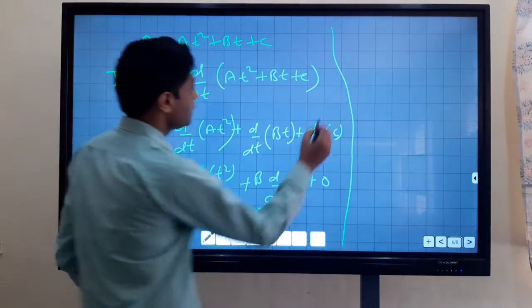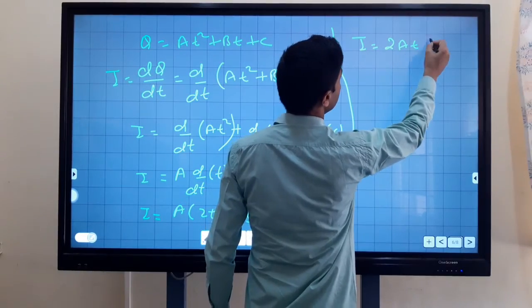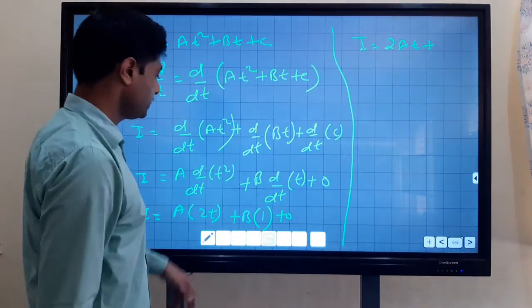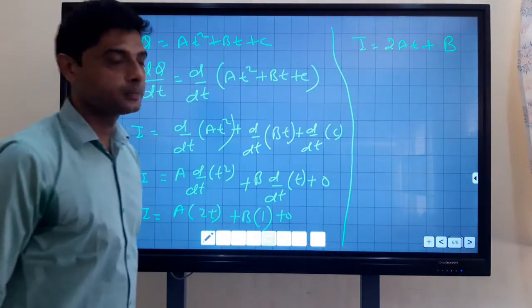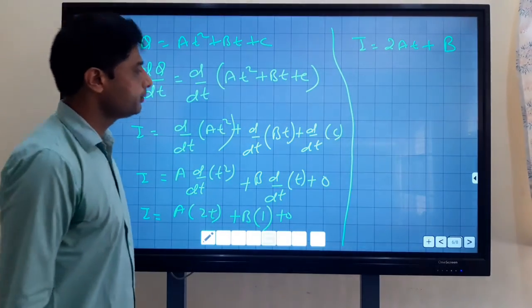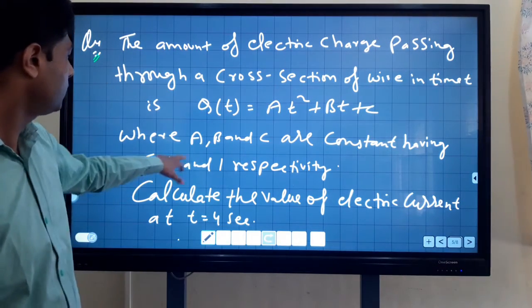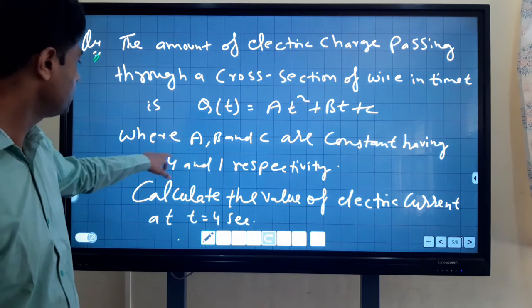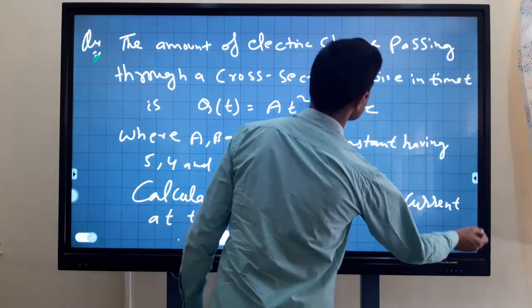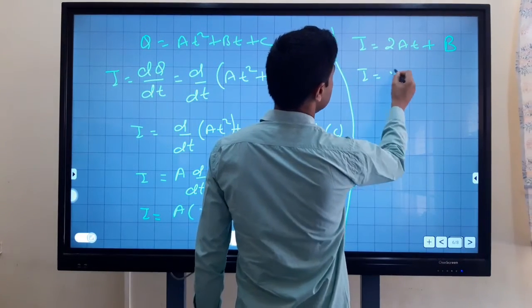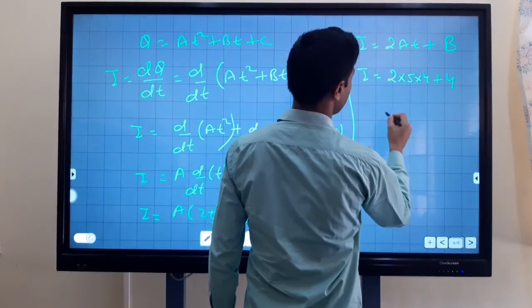It means I equals 2At plus B. So by putting in the values, A is 5 and B is 4, and the value of time is 4 seconds. So 2 into 5 into 4.